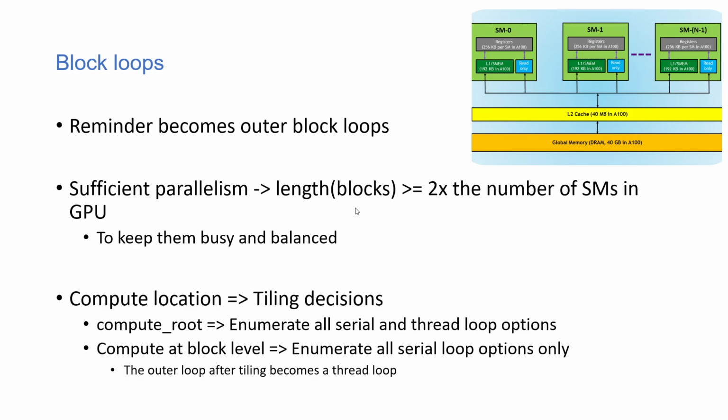The number of blocks should be twice the number of SMs in the GPU. For example, if you have 3 of them here, you want to have at least 6 blocks, because you want to keep them busy and balanced, and you also have to take the compute root and compute at decisions into account, as mentioned before.